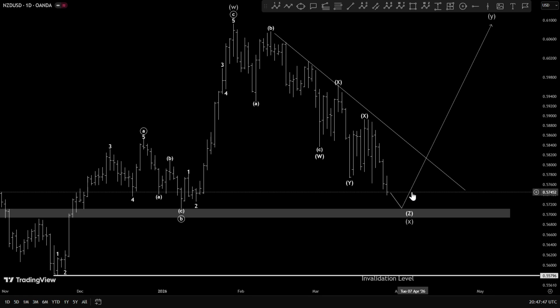And this entry that we are entering right here is called aggressive entry. It is called aggressive entry because normally you should actually wait for this move to be completed, and after the completion you should wait for wave one. After wave one, we have wave two corrective structure. After the wave two corrective structure is when you're supposed to start buying. But this is called aggressive entry, which means when you are risking around this range, you risk less than 1% of your capital.